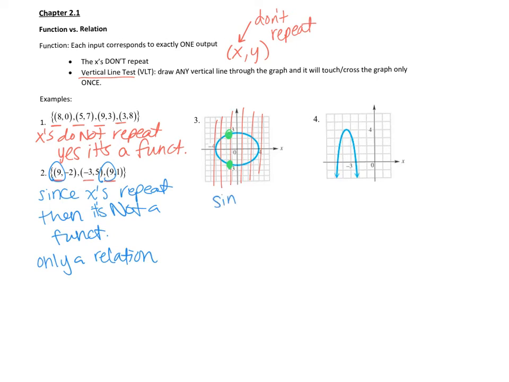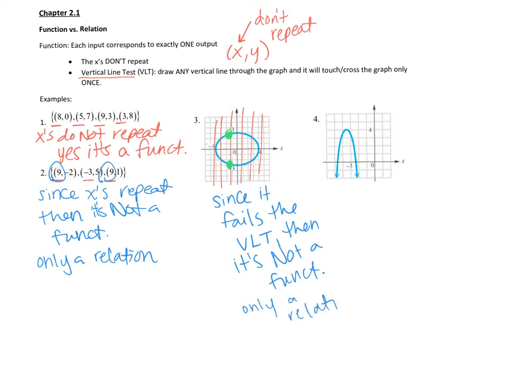Since it fails the vertical line test, this is not a function. Again, this would only be a relation.